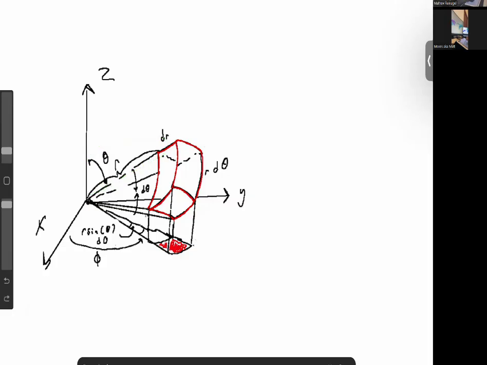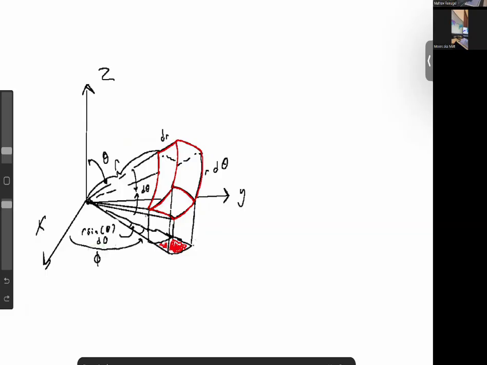We know that there is a change of angle in this case, d theta, which is the angle of the arc length. And we have some change of distance from the x and y axis, which we're going to call phi in this case.